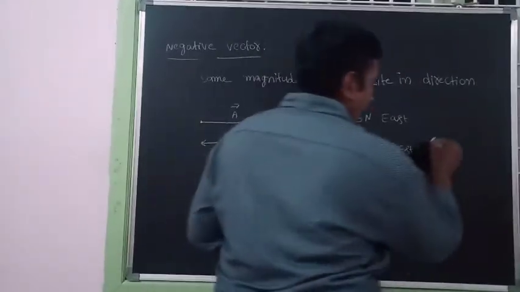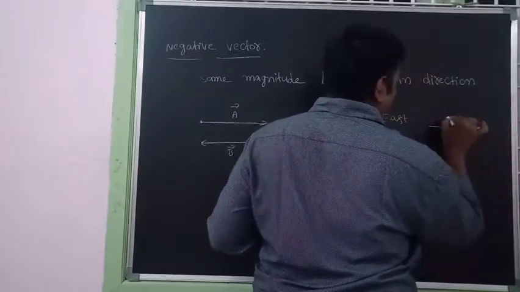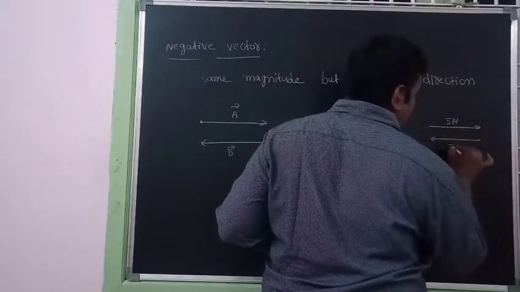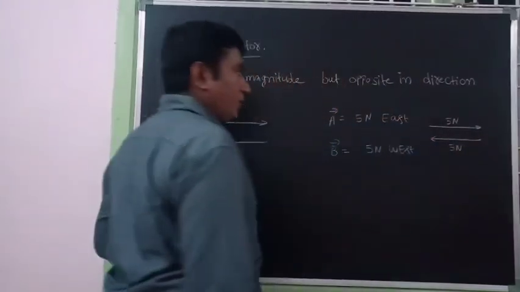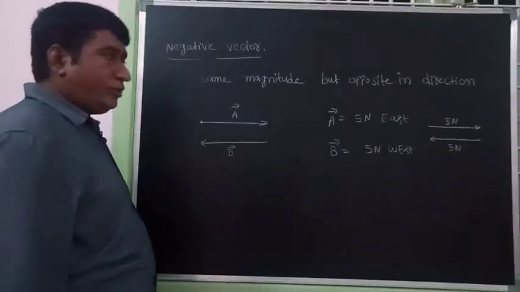That means if the east direction has 5 newtons, then in the west direction it will be 5 newtons. Such kinds of vectors we call negative vectors.